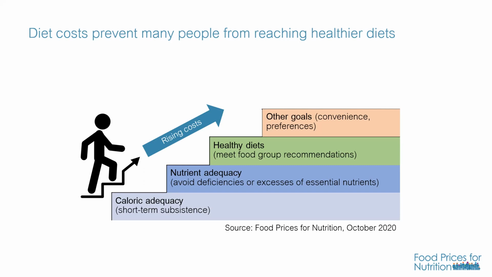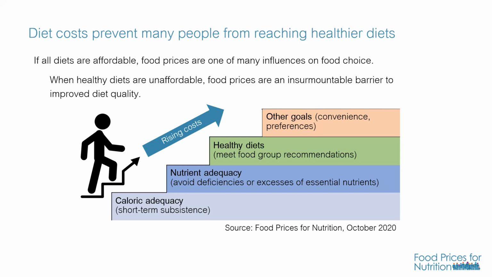The important takeaway is that if diets are affordable to people, prices are just one of the many things that influence how people choose foods. Convenience and preferences matter. But when healthy diets are not affordable, food prices are an insurmountable barrier for people to improve their diet quality or to climb up this ladder, which is, again, the reason for the focus on least cost.